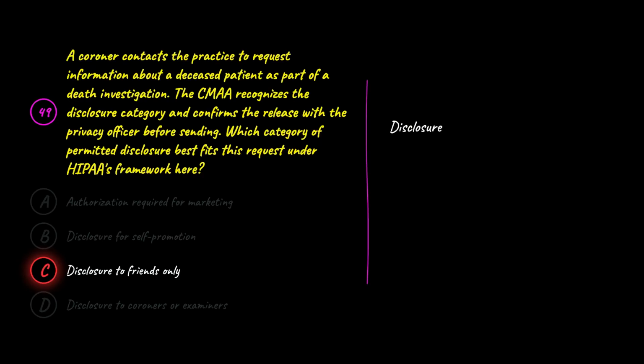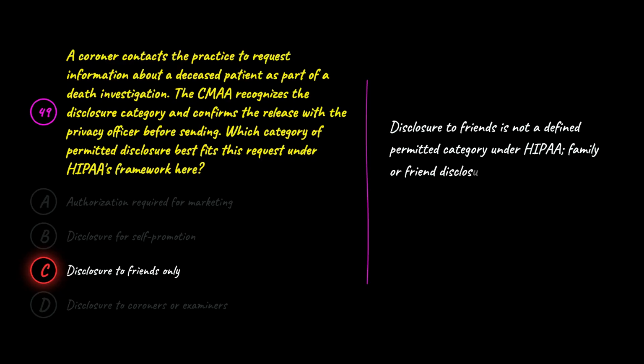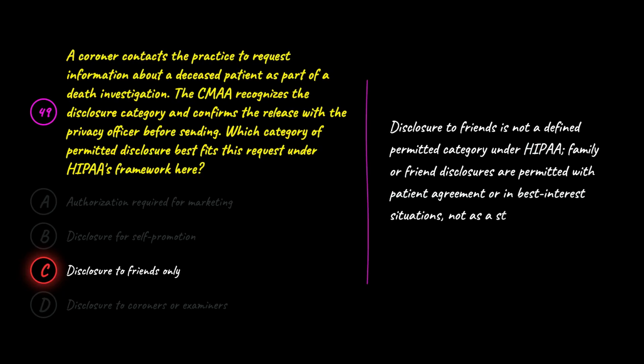C is wrong because disclosure to friends is not a defined permitted category under HIPAA. Family or friend disclosures are permitted with patient agreement or in best interest situations, not as a stand-in for coroner authority.